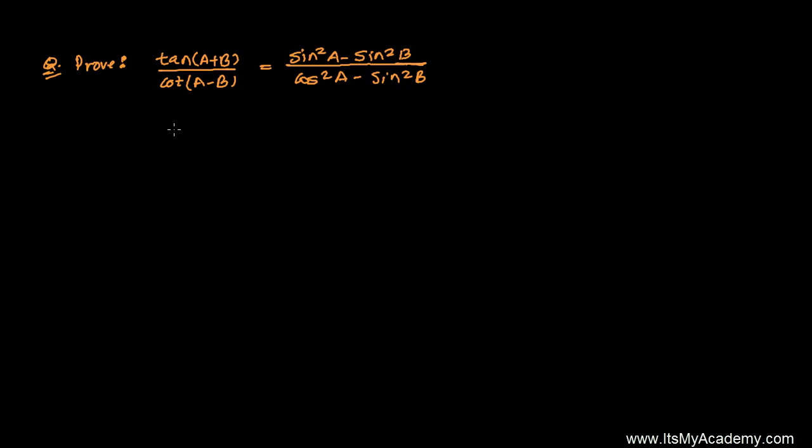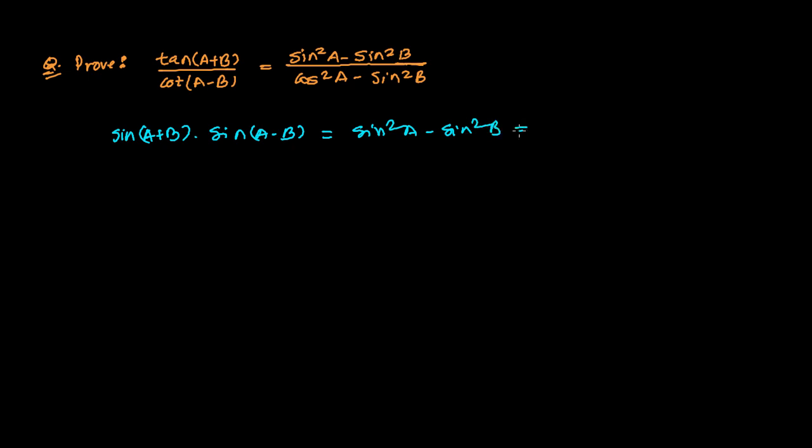A few videos back we had learned that sin(a+b) times sin(a−b) is equal to sin²a − sin²b, or equal to sin²b − sin²a.